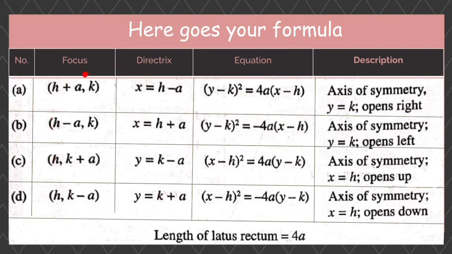Don't worry about the formula of your focus and also your directrix here, because if you sketch the graph, inshallah, you can see where is the focus and where is the directrix without memorizing all of this. And it's written here also, the length of latus rectum is equal to 4a. That's all for this video.